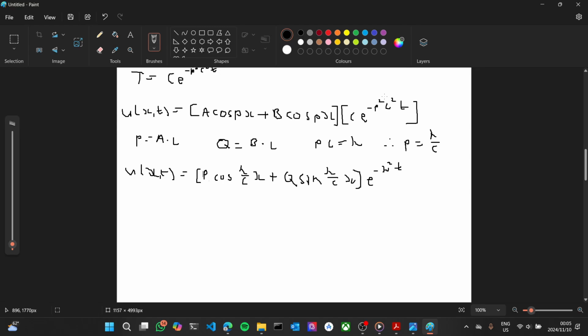Because up here we've got this P squared, C squared, which is effectively just squaring all of that. Cool.